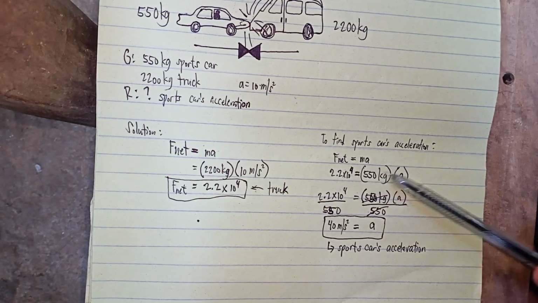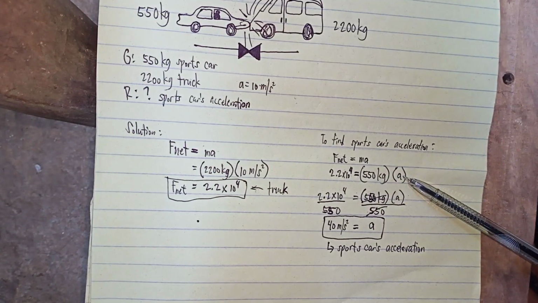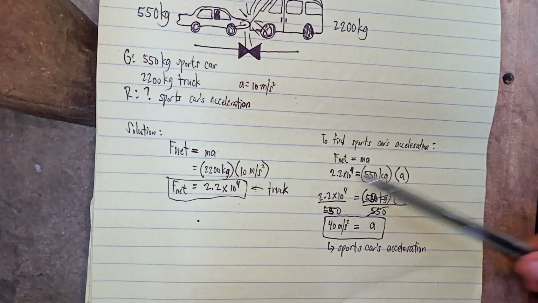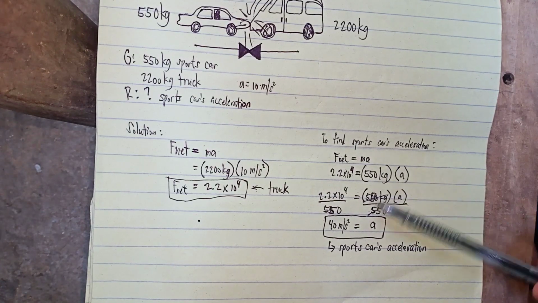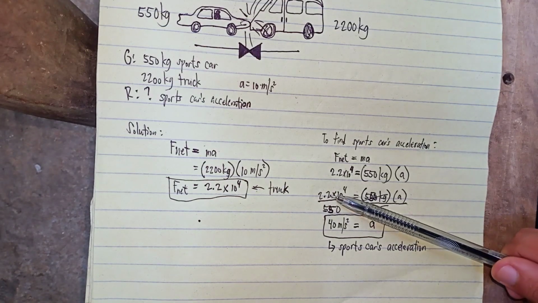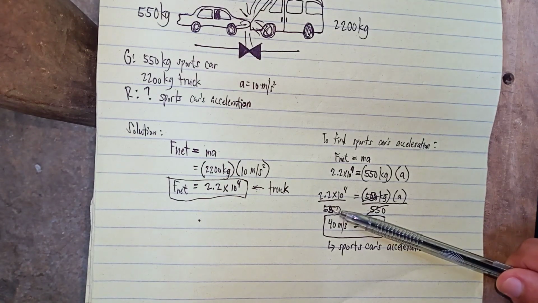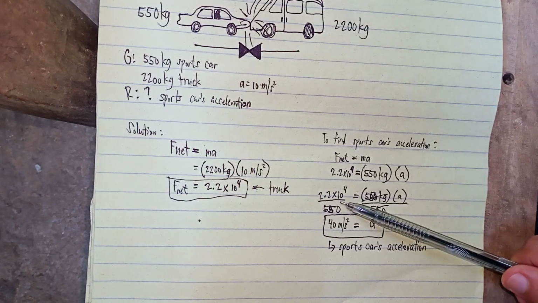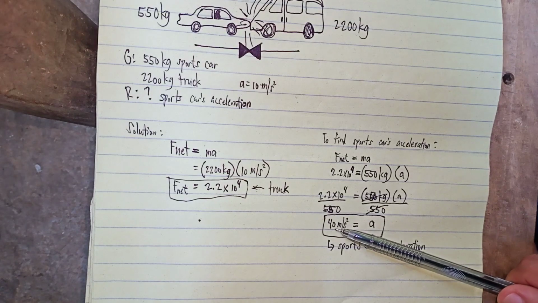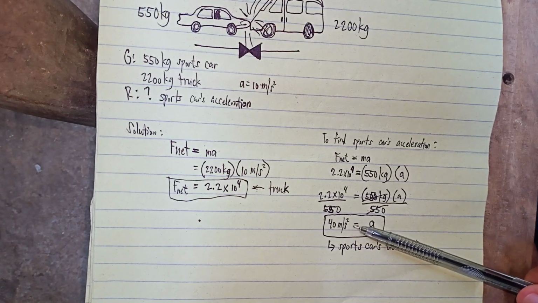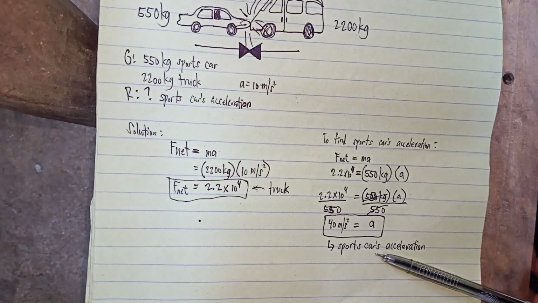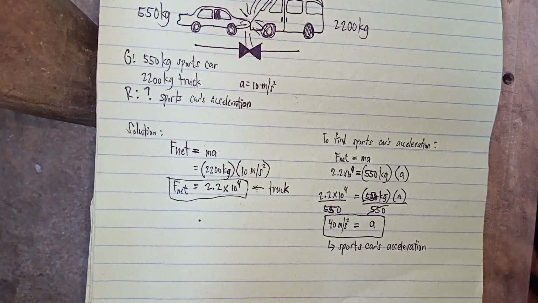Then to isolate a, divide both sides by 550, cancel. What remains on the right side is letter A, and on the left side, 2.2 times 10 to the power of 4 divided by 550. So the answer is 40 meter per second squared. That is the sports car's acceleration.